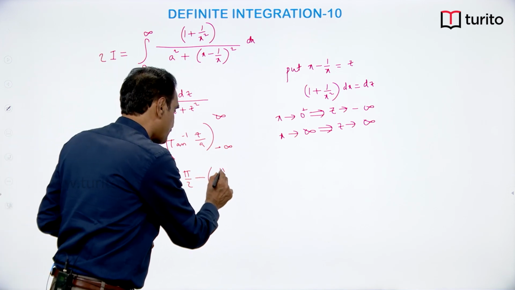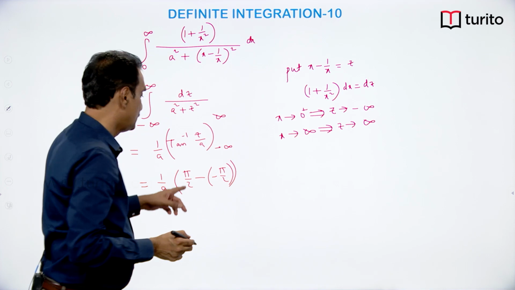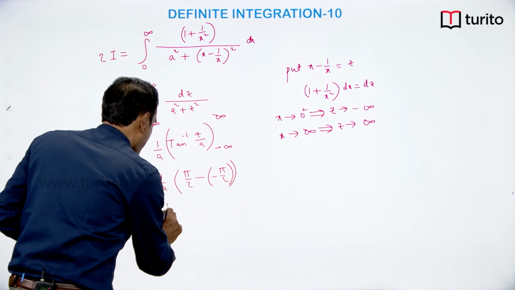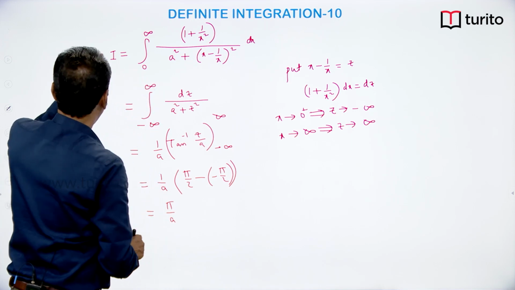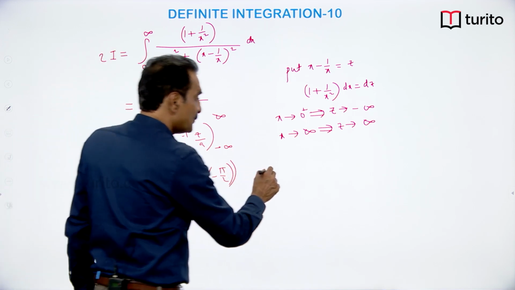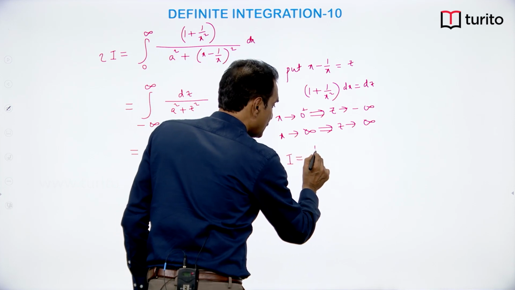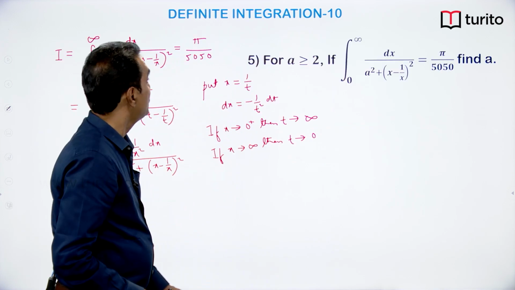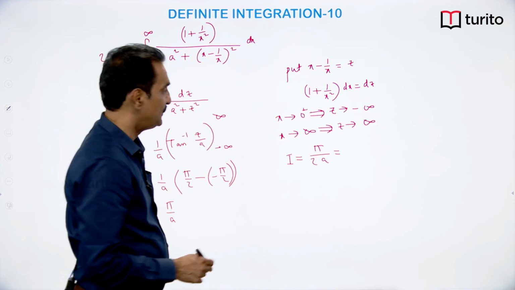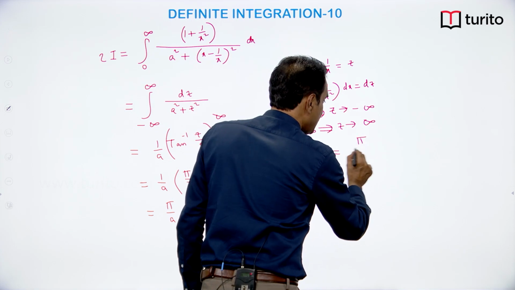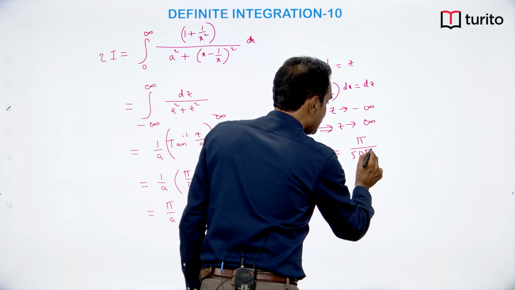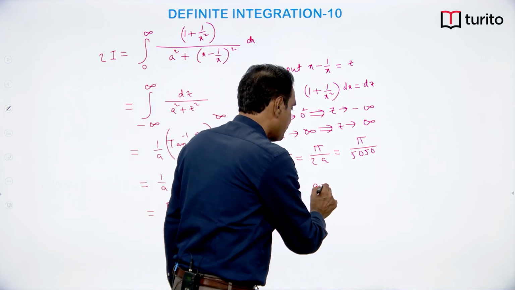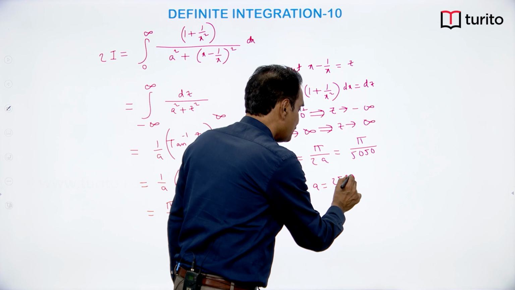Then what is it? pi by 2 plus pi by 2, pi by a, but that is 2I, so I is equal to pi by 2a, but it is given as pi by 5050. It is equal to pi by 5050. Then what is the value of a? 2525.